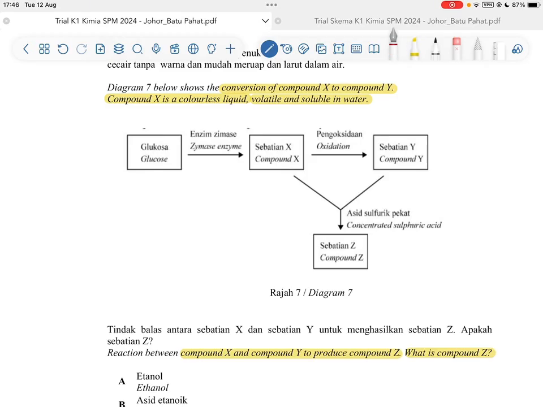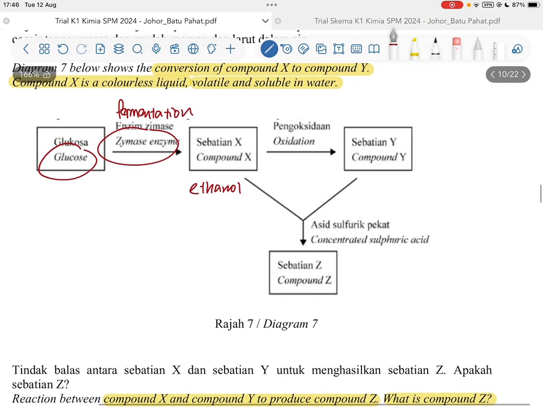So we start from glucose. Glucose undergoes fermentation and produces ethanol, so we know that X is ethanol. Then this ethanol, when undergoing oxidation, will produce a carboxylic acid. The carboxylic acid corresponding to the oxidation of ethanol would be ethanoic acid.